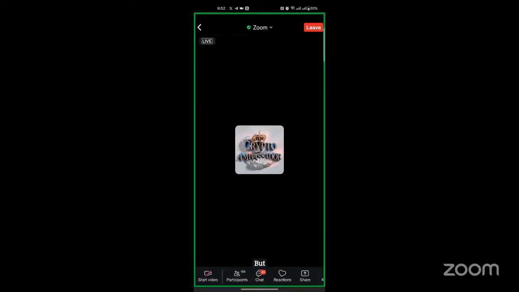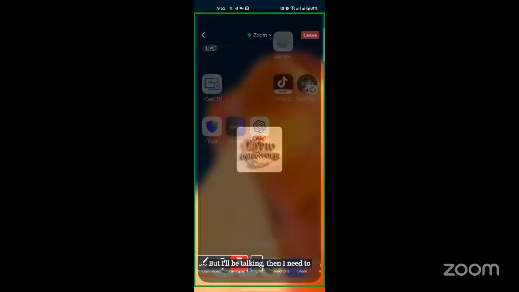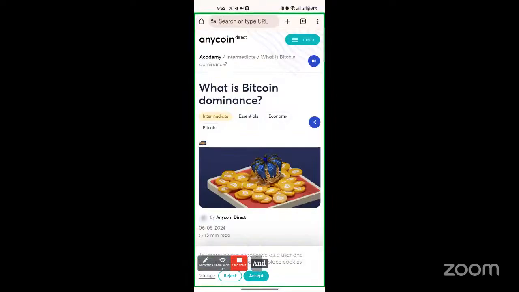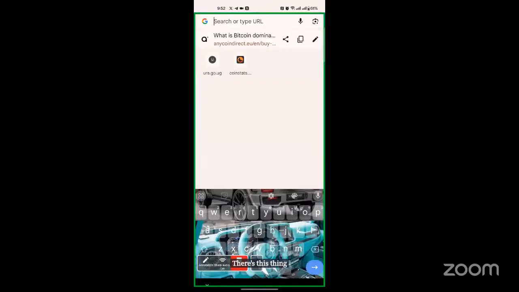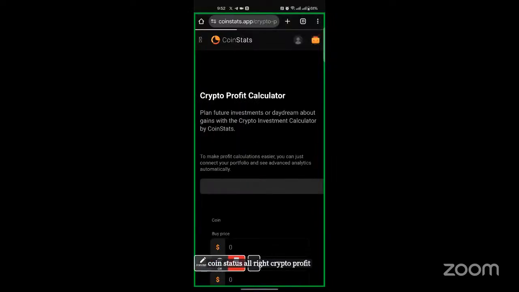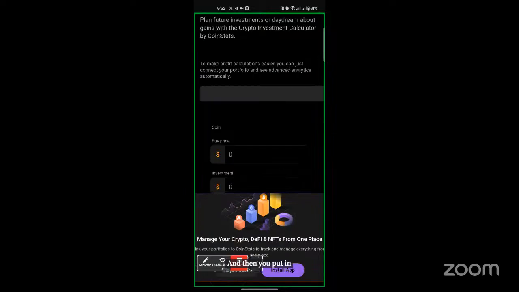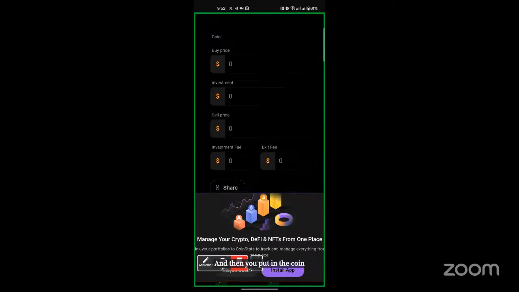I'm done. Come on your Chrome here and write, there's this thing called coin stats. Coin stats, or write crypto profit calculator. Then you put in the coin.